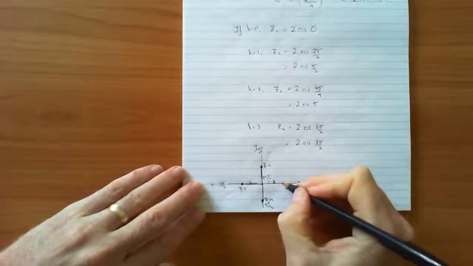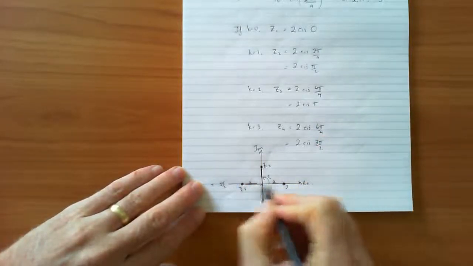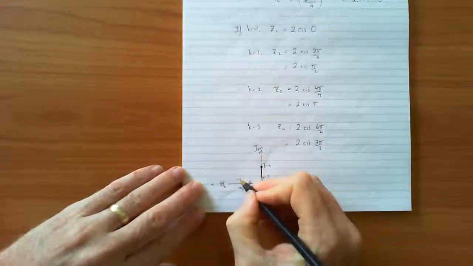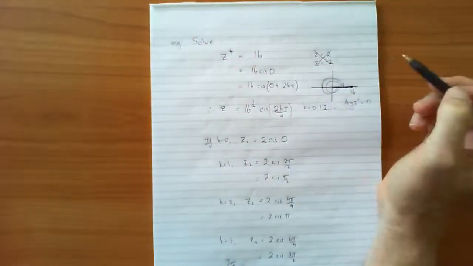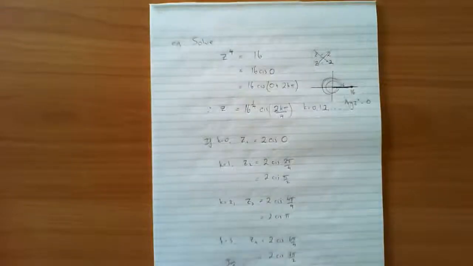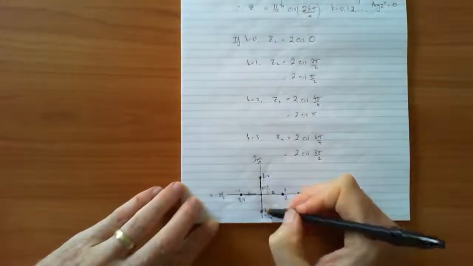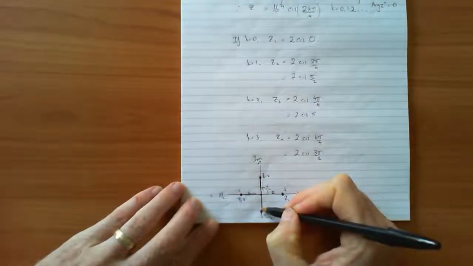Now this one is obvious. These two are obviously on the real axis. So this is 2, this is minus 2. So those are the two solutions that we originally looked at, the 2 and the minus 2 on the real axis. But here we've got the other two solutions on the imaginary axis.